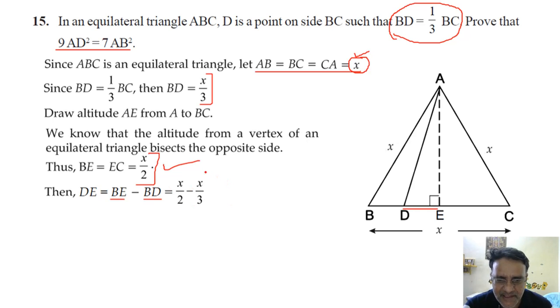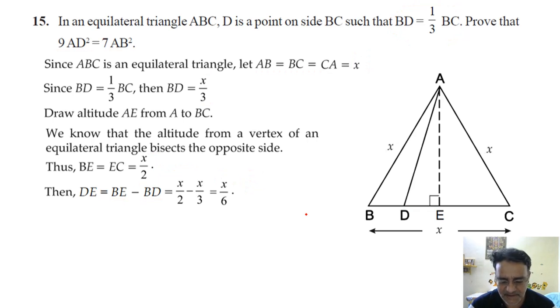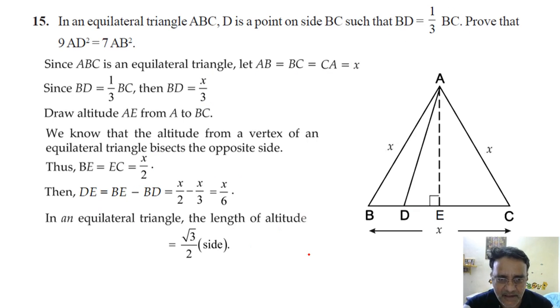So if you take LCM, you will get 3x minus 2x upon 6. And what is the final answer? X upon 6. So DE मिल गया. अब इक्विलैटरल ट्राइंगल में हम लोग के पास एक फॉर्मूला है. The length of altitude is root 3 upon 2 into a, that is root 3 upon 2 into side. And side we already took x.